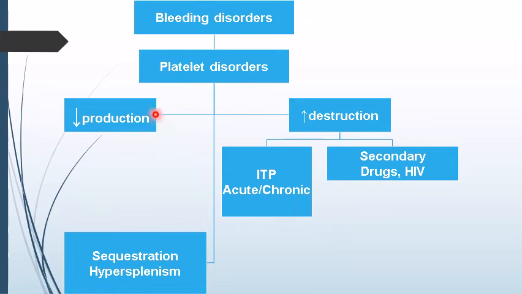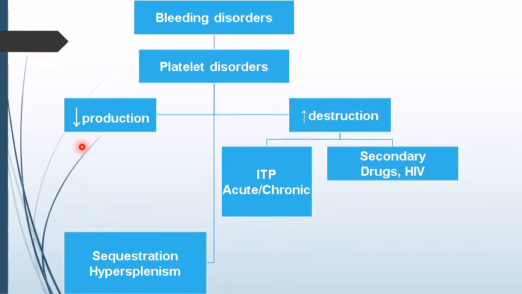Either there is a decrease in production, that is to say, the bone marrow is not forming platelets, like aplastic anemia, in which there is bone marrow failure, like leukemic infiltration of the bone marrow in acute leukemia, like vitamin B12 deficiency. All these will affect bone marrow formation of platelets, and this will decrease the platelet count. So we don't have enough platelets to adhere to the injured blood vessels. So we have what is called thrombocytopenia.